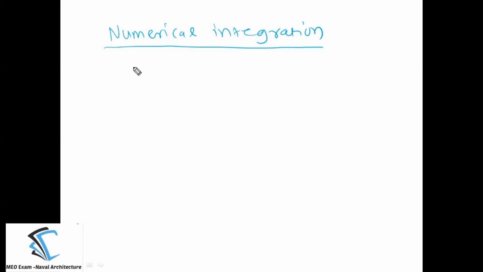Now, in the earlier class, we saw how to calculate the buoyant force. The buoyant force formula is rho V into g. In this formula, there is a term V, the underwater volume. This is the underwater volume of the ship.